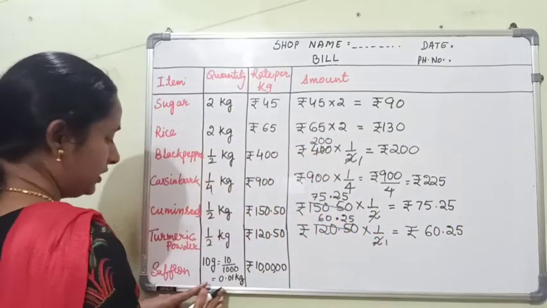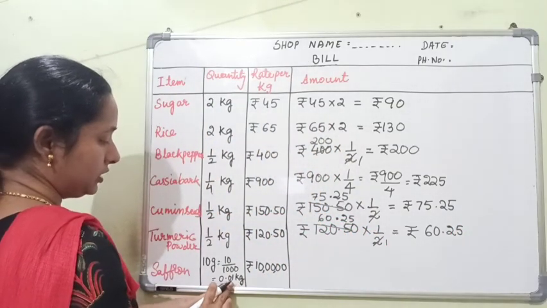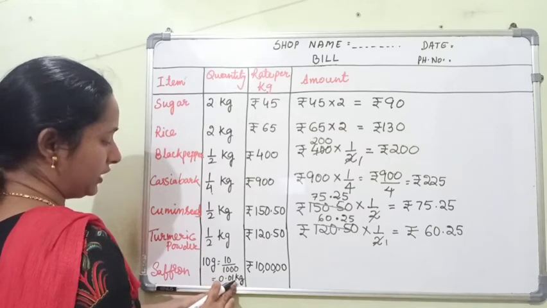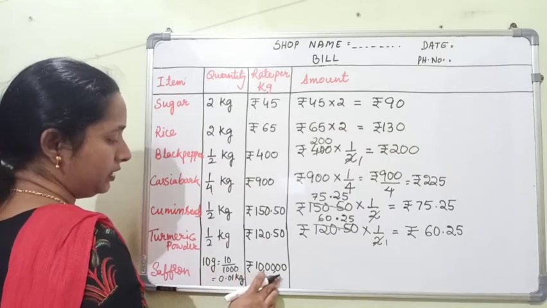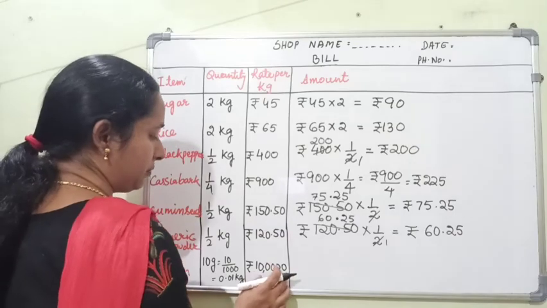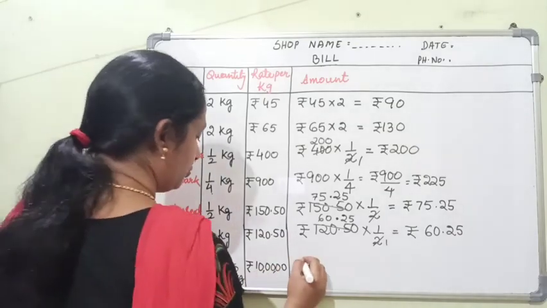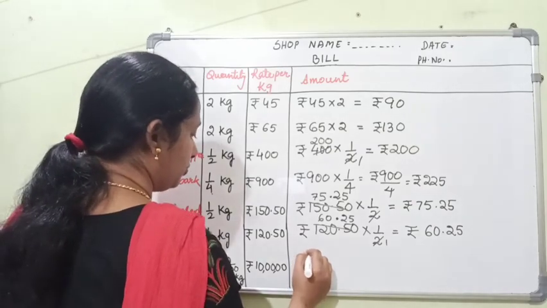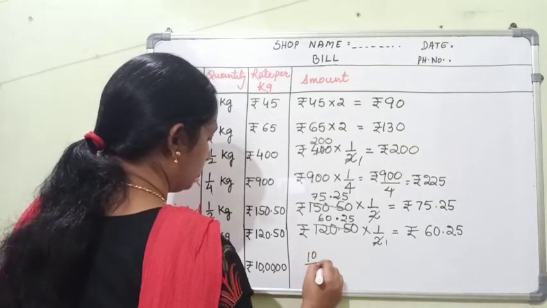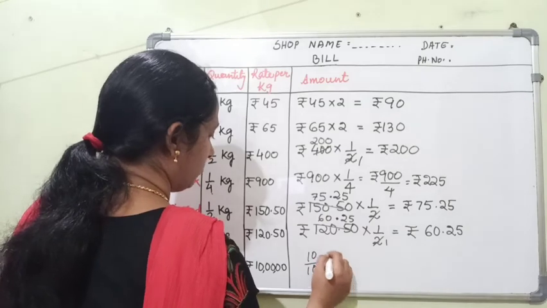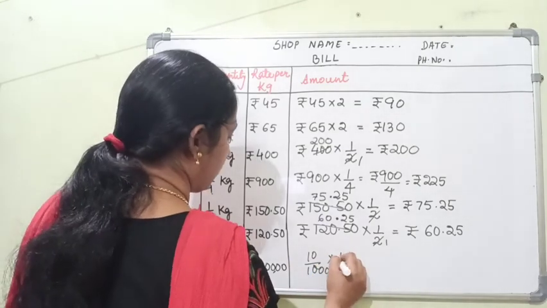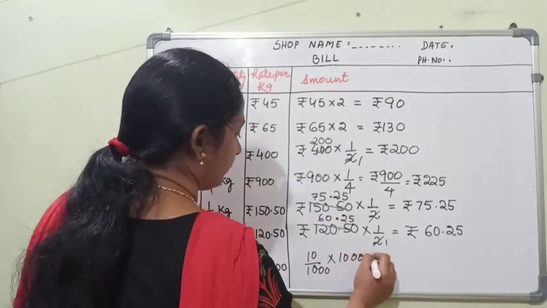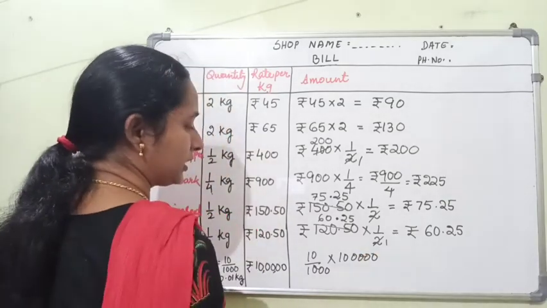Next you have 0.01 kg multiplied by 1 lakh, or you can write the fractional form only. Here you have 10 by 1000 multiplied by this rupees amount, which is 1 lakh. So how will you do the cancellation?